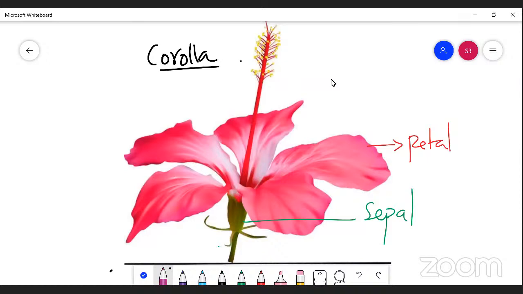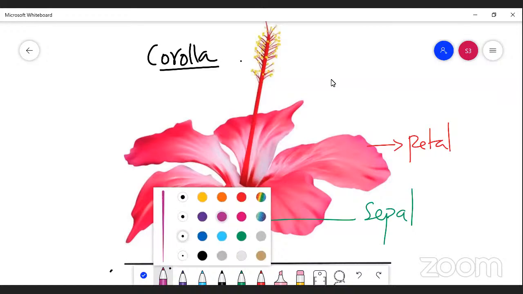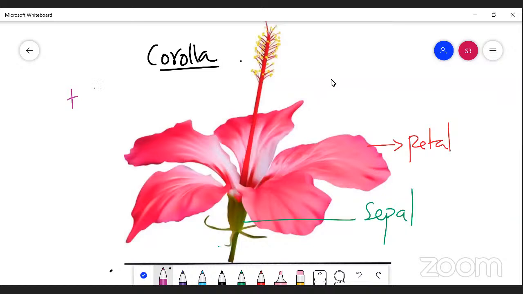What is corolla simply? Please understand, my dear students. A group of petals, or simply a number of petals in a flower is said to be a corolla.